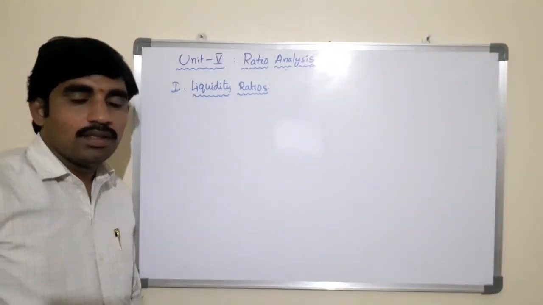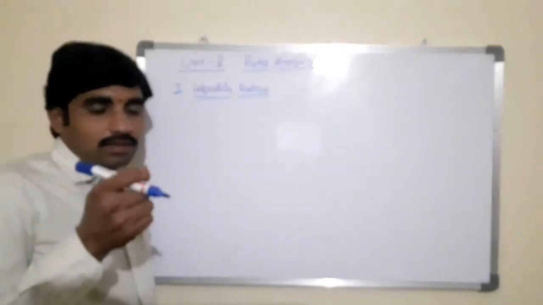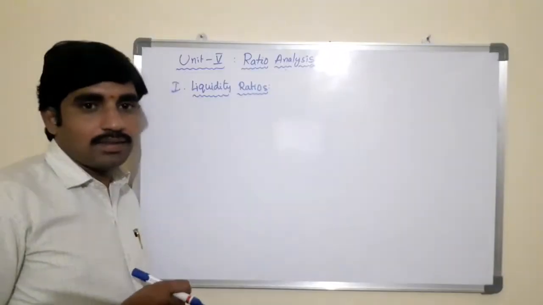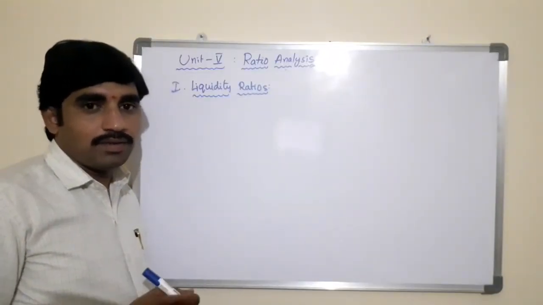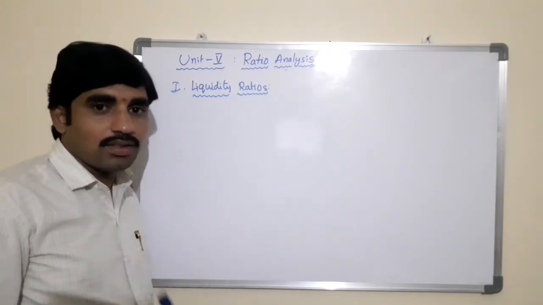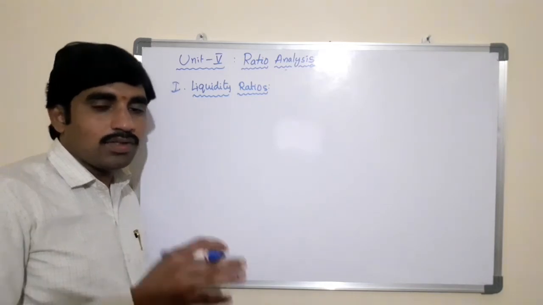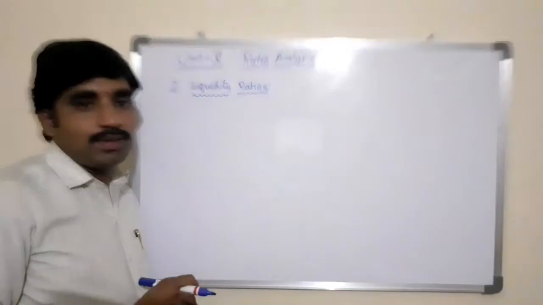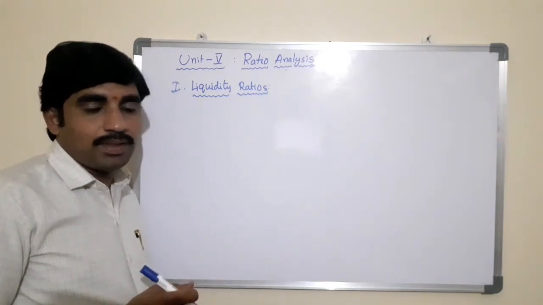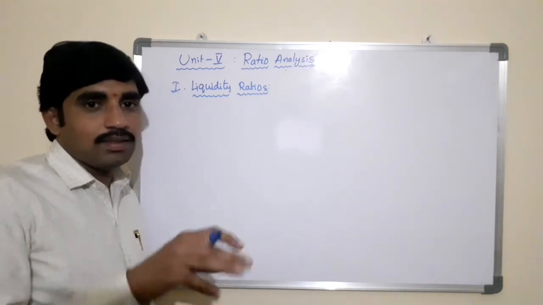Every company needs to pay year-wise expenditure, like taxes, interest and dividends. Also monthly expenditure, like salaries, rent and many other expenses. Also within one year the company may purchase raw material if it is a manufacturing company. So all these expenditures have to be met by the business.